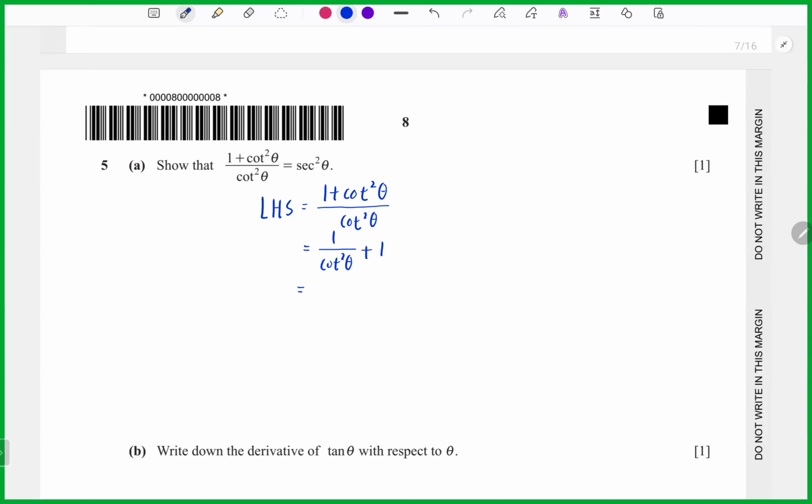Because 1 over cot is tangent, tangent square theta plus 1 will equal sec square theta.